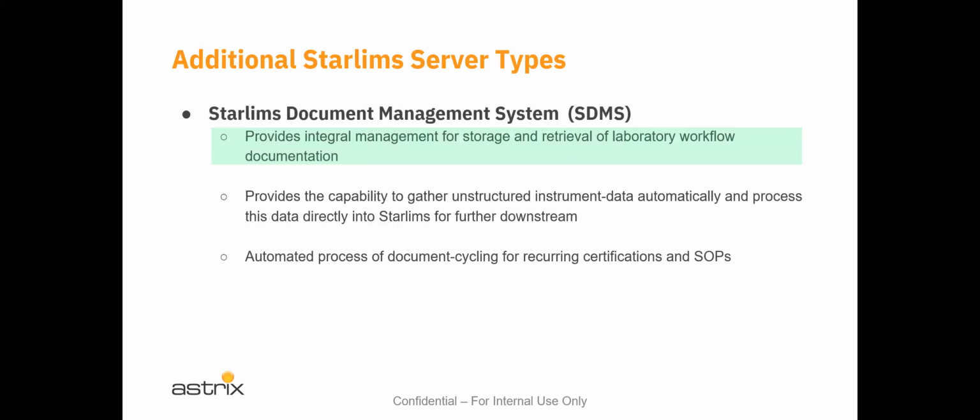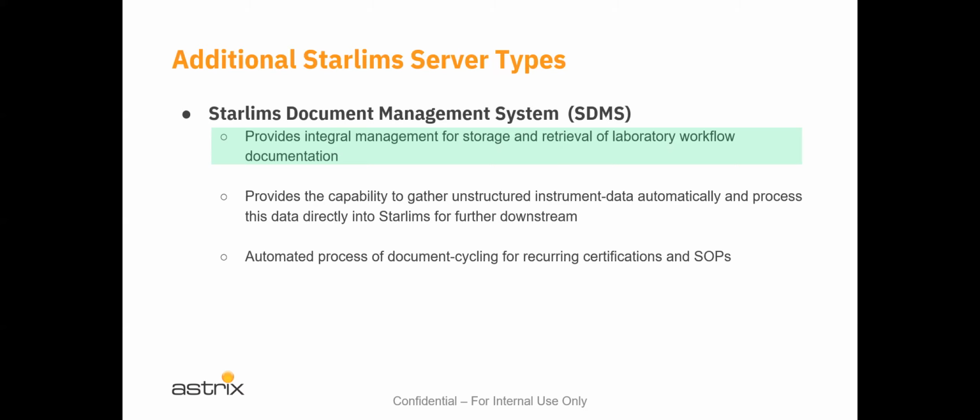So I already talked about the integral management for storage and retrieval of laboratory workflows for the STARLIMS document management system. It provides the capability to gather unstructured instrument data automatically. So instruments will typically output a PDF, and the SDMS system knows where that folder is if it's a shared folder, and it grabs those PDFs, and for lack of a better term, STARLIMS actually called their process a grabber.